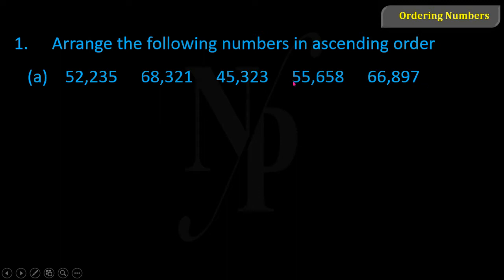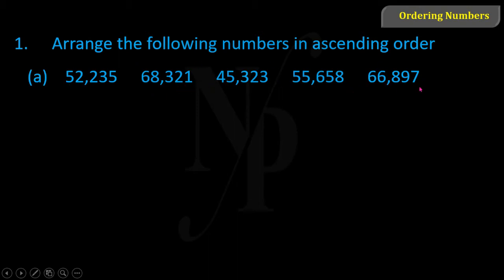So some numbers are given here and we have to arrange them in ascending order. In ascending order, we arrange the numbers from smallest to greatest. Therefore, first we should search for the smallest number among the given numbers.